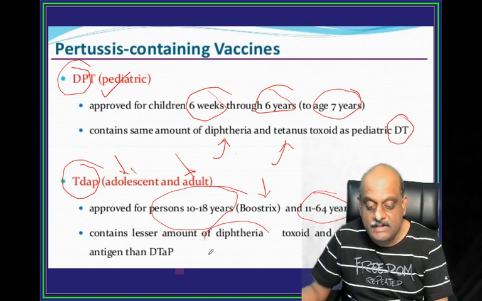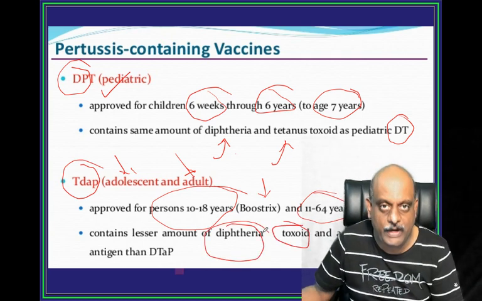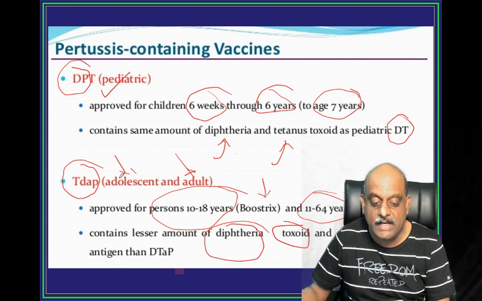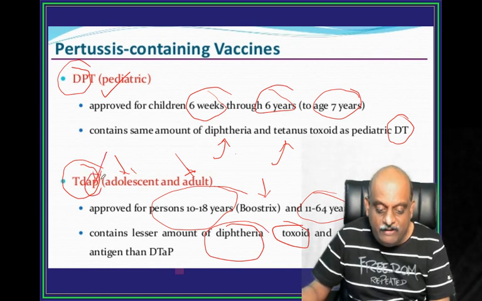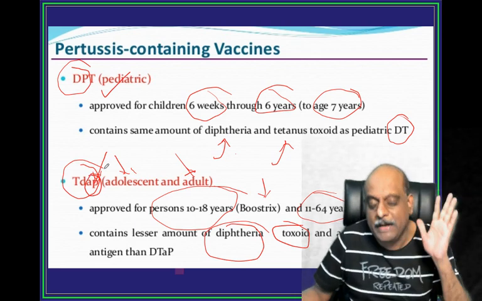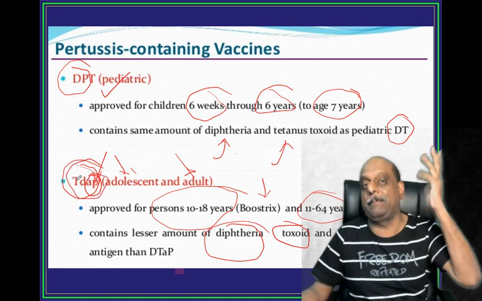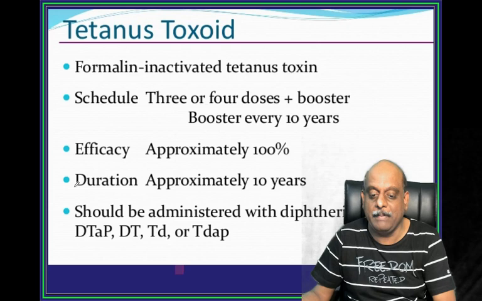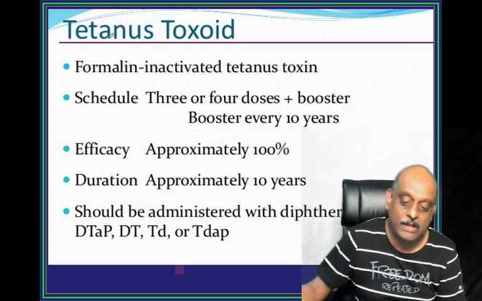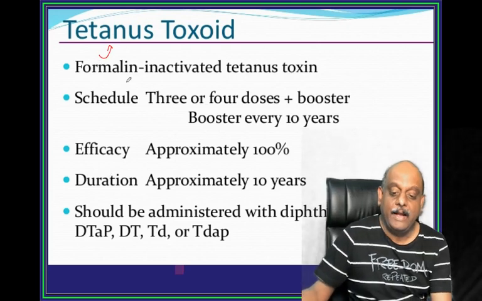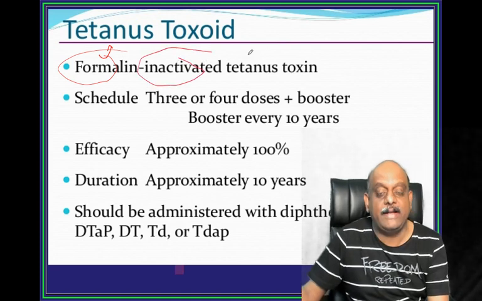It contains a lesser amount of diphtheria toxoid and it contains acellular pertussis. What is the meaning of AP? Acellular pertussis. That is TDAP, is what you need to remember. Next, tetanus toxoid. It is formalin inactivated tetanus toxin.